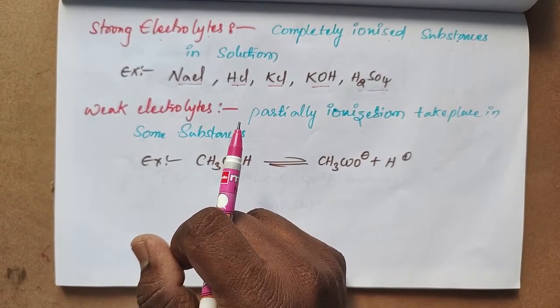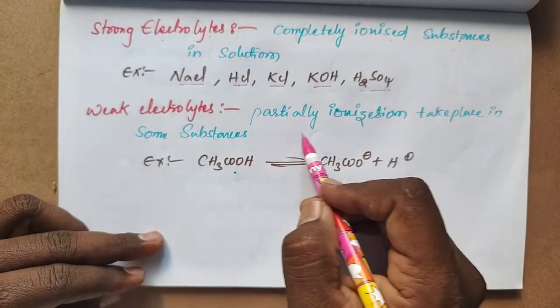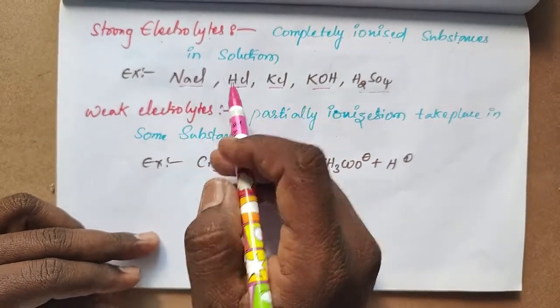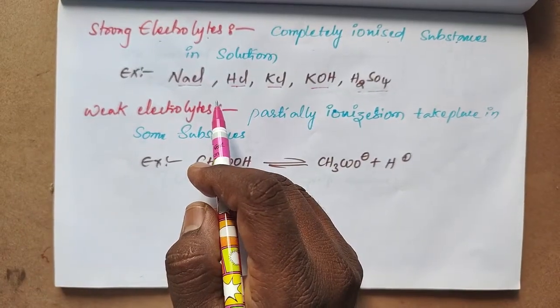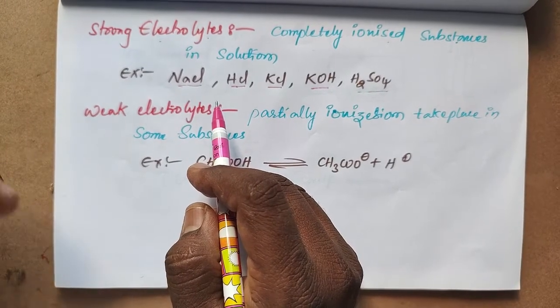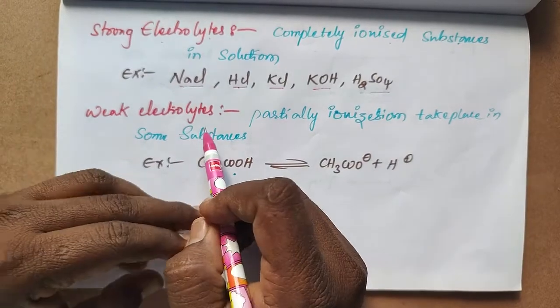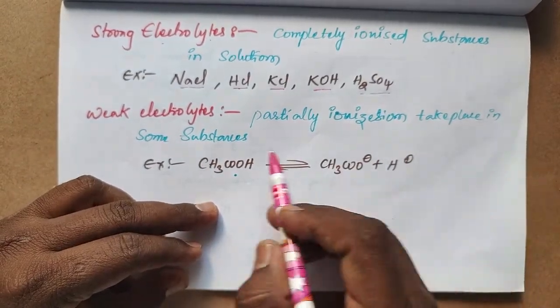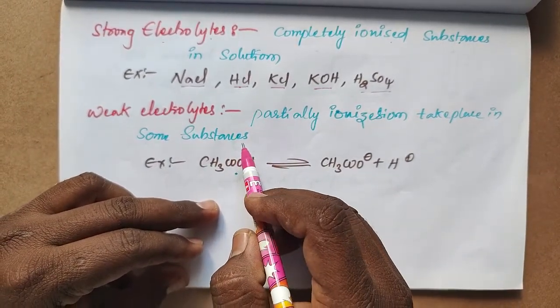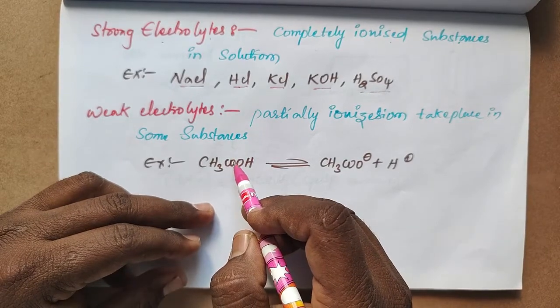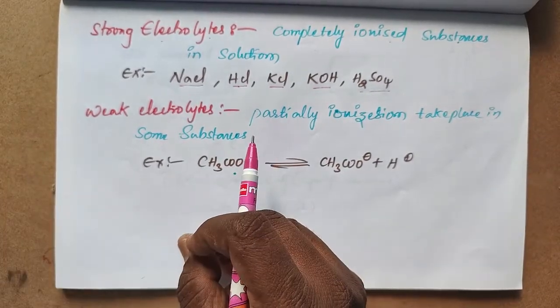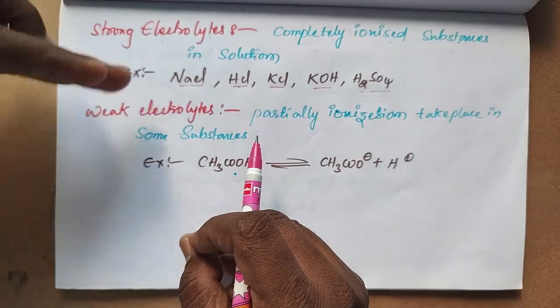Strong electrolytes allow the current to pass completely because of complete ionization. In weak electrolytes, partial ionization takes place, and they allow current to pass, but very little compared to strong electrolytes.